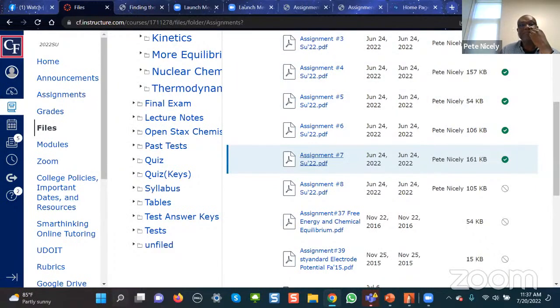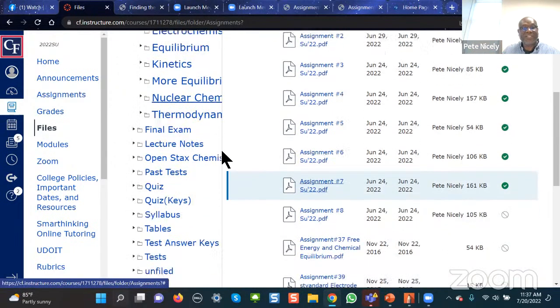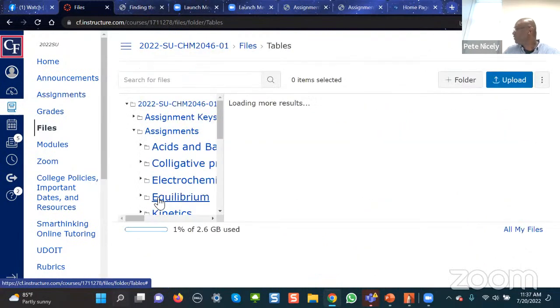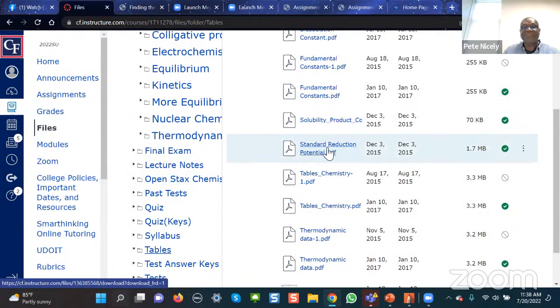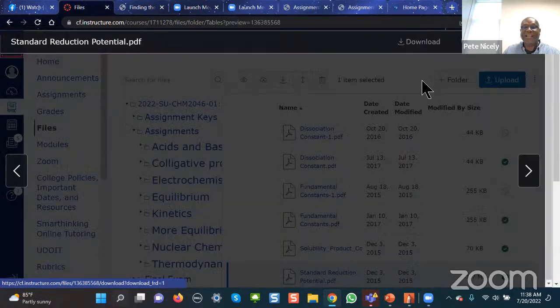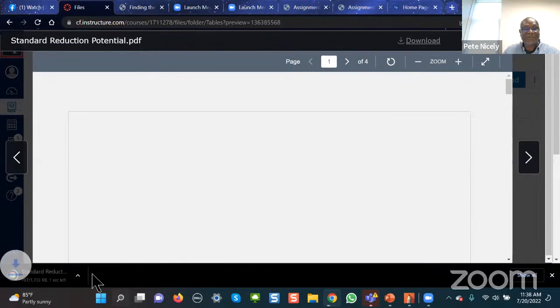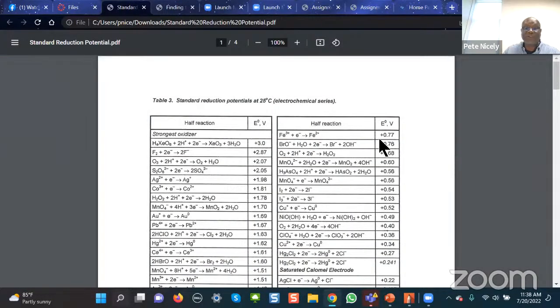Let me go to tables. Okay, tables. And then, okay, so here it is. Standard reduction potential. So when I click on that and download that, okay, this is a rather large, well, actually 4 pages, right?